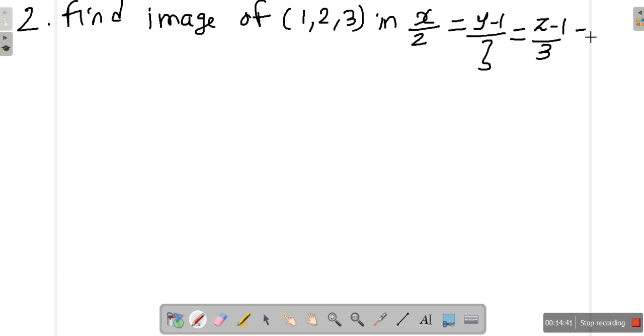Let us take this as lambda. Now please see the situation. This is a line. This is a point, say P.